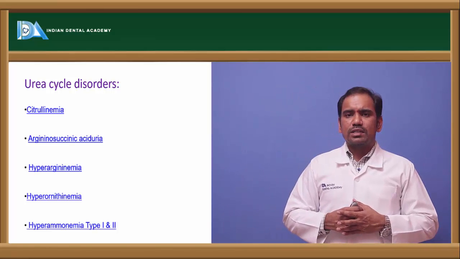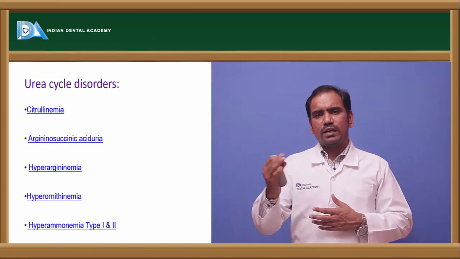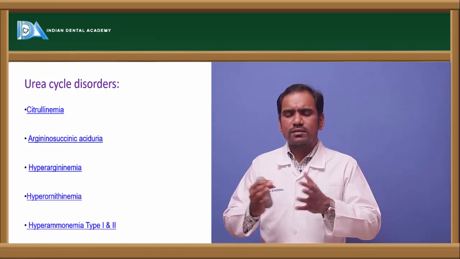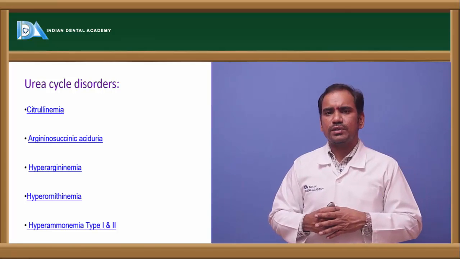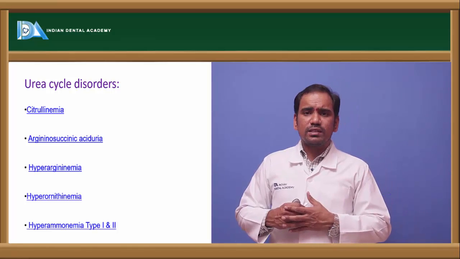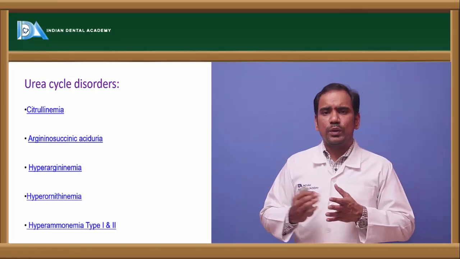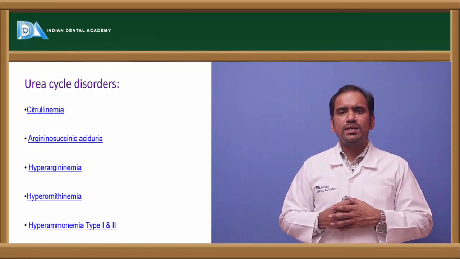So that's about the enzyme defect of arginosuccinase, and it leads to a condition called arginosuccinic aciduria. It is an acid and it is excreted in excess in urine, so we call it arginosuccinic aciduria. And whenever there is deficiency in the enzyme arginase, arginase deficiency leads to increased concentration of arginine in the blood, and we call it argininemia.